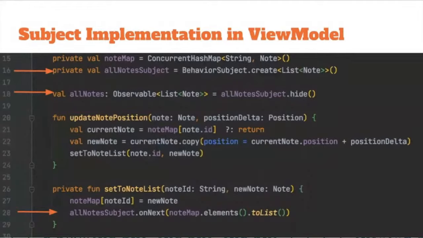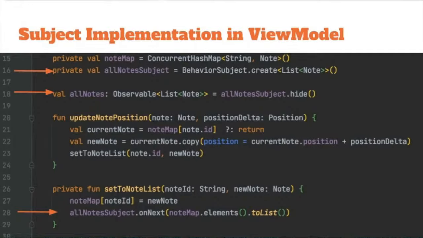In 916, there's an all node subject, and in 918, the all node subject transforms a subject to an observable by using this function. It's called hide. It's super easy. And how does the subject receive events? You can see 928. The all node subject can receive events by this easy function. It's called onNext. Once we call onNext, the all node subject can receive this event and emit this event to somewhere else.